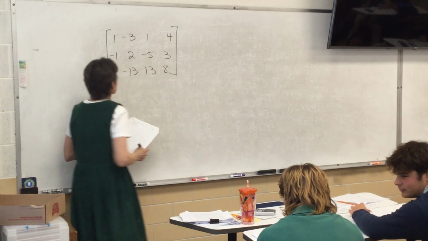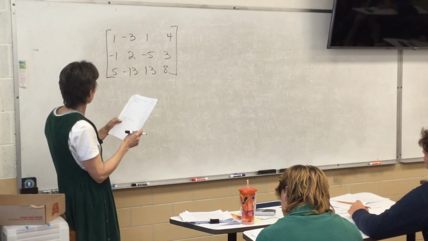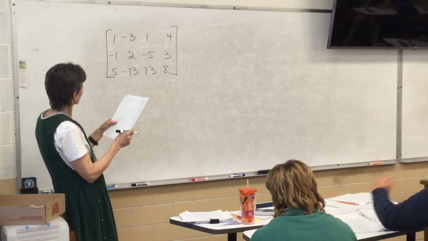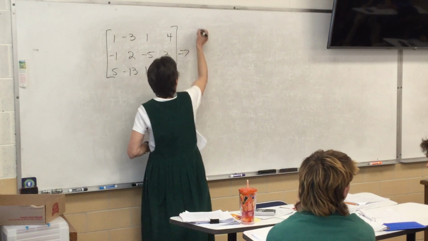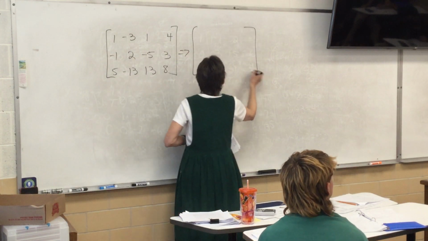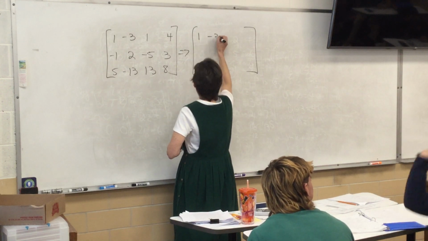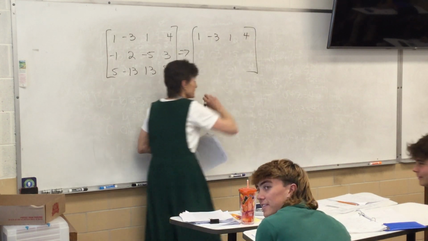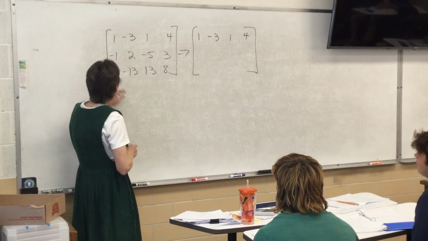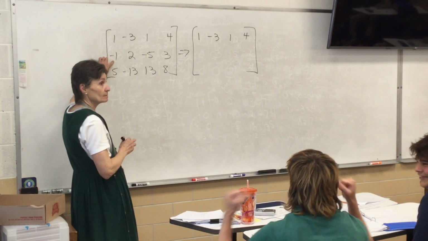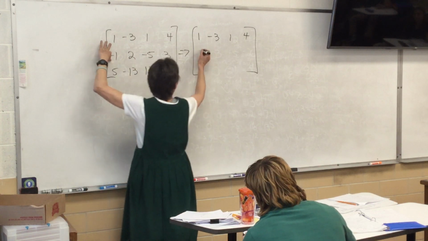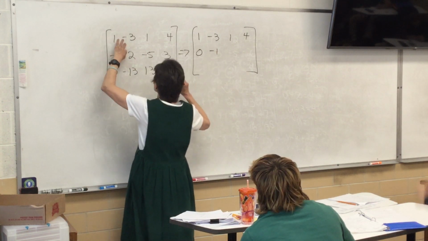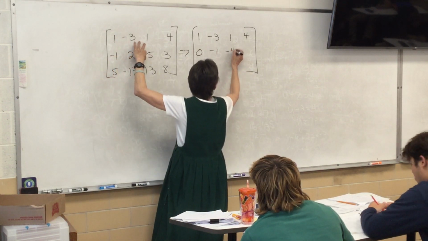All right, this has got some not so nice numbers in it. Okay, so you know what to do. You know that you're gonna recopy the top row, because it's perfect as it is. And, oh, this is easy. Right? So we'll just add these two together. So 0, negative 1, negative 4, and 7.